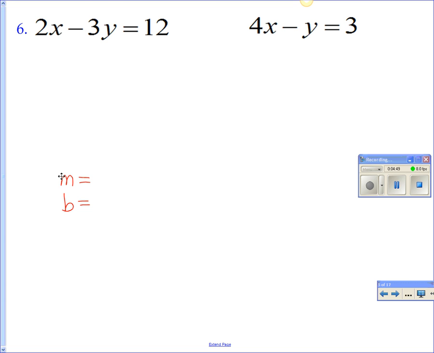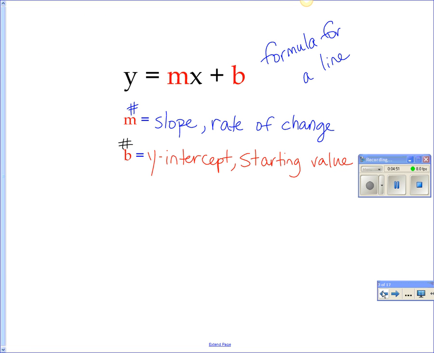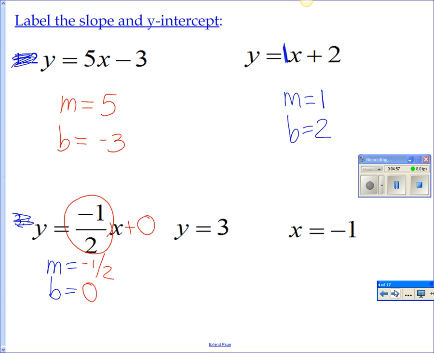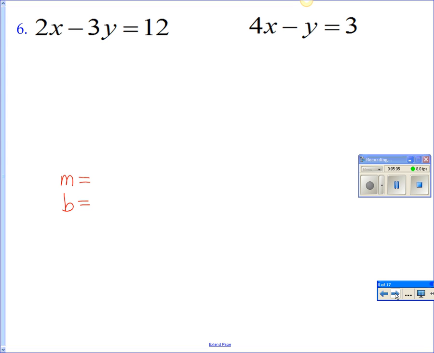To use m and b, it has to be in y = format. On this one, it was in y = form, so we could just go ahead and say the answer. This next one is not in y = form yet, so we have to draw our line and circle y. We have to get it in y = format.